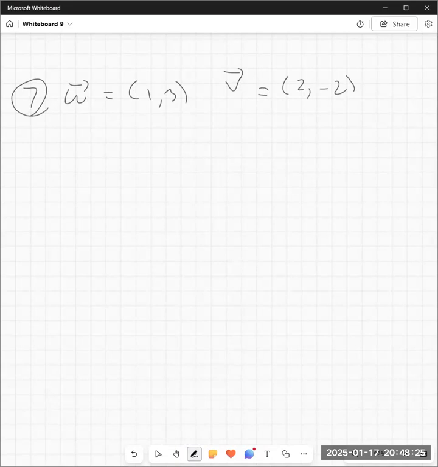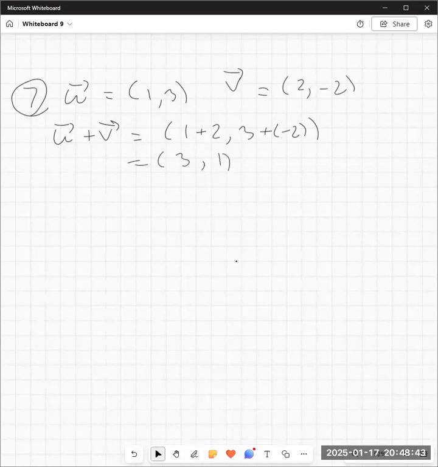And I want to find u plus v, and I want to show it geometrically, as well as doing the arithmetic here. So there's my arithmetic. Let's see if I can show that with geometry as well.